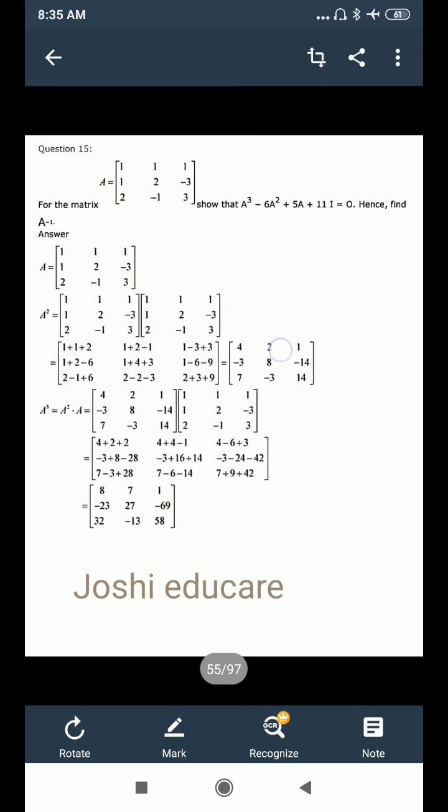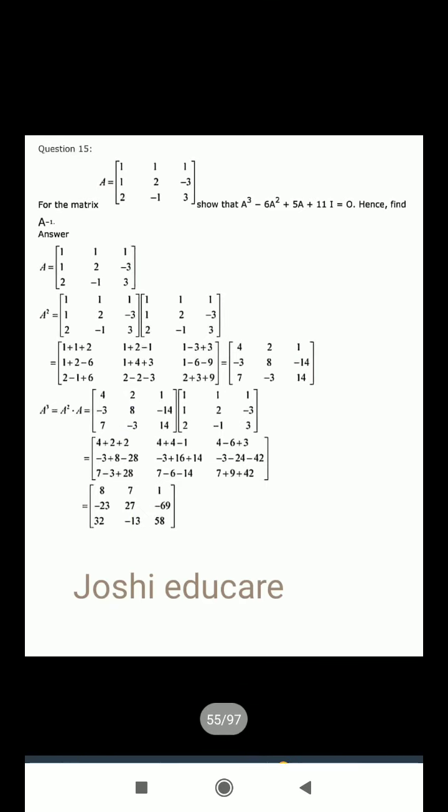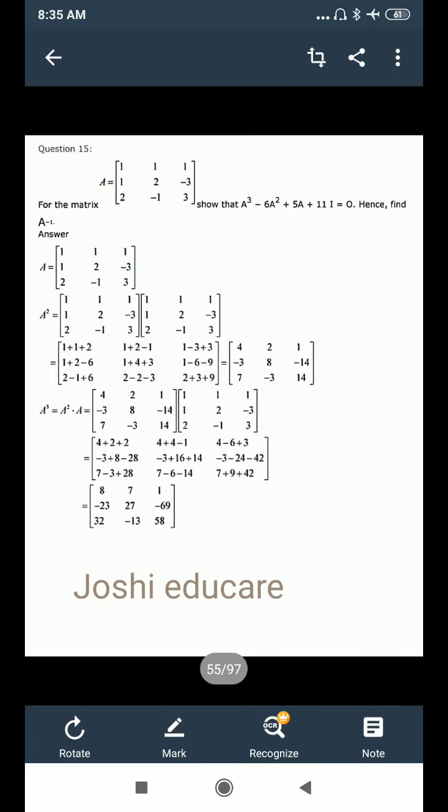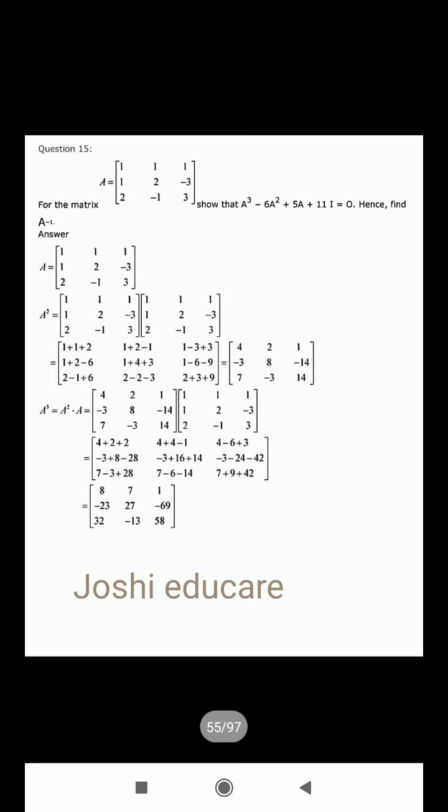Now we multiply A square by A again to get the A cube. So it is A square into A and we got A cube. Now you have A cube. You already have A square, you already have A and identity matrix. You arrange all these in this one particular expression, because this is A cube, this is A square, this is A, and identity matrix in this case you have to take 3 into 3 order.